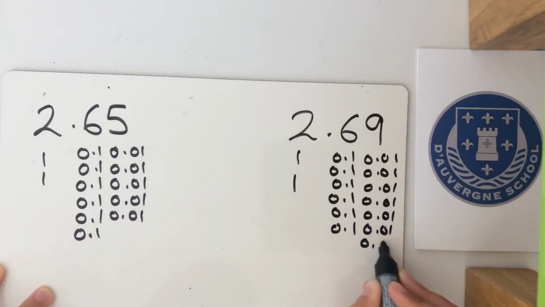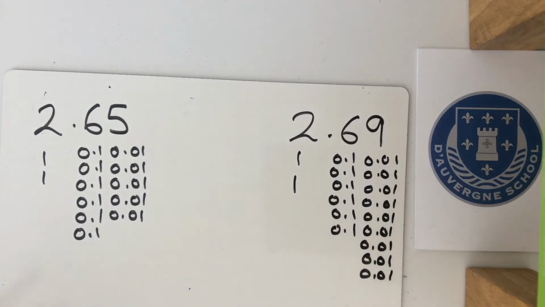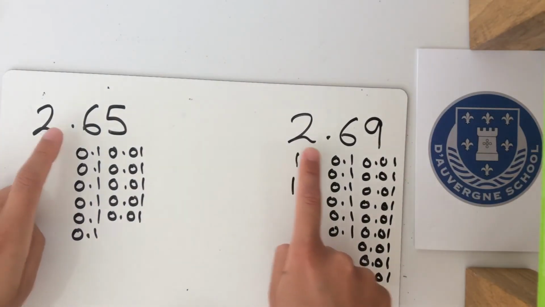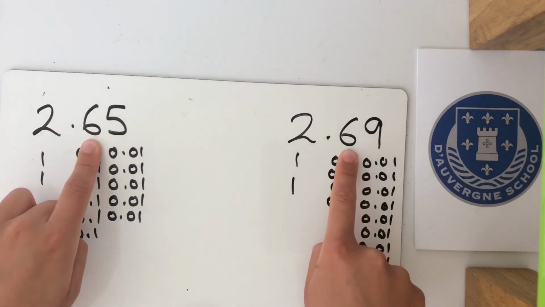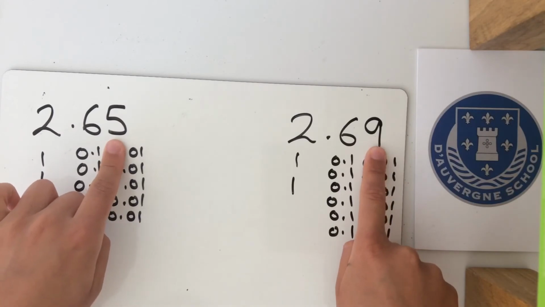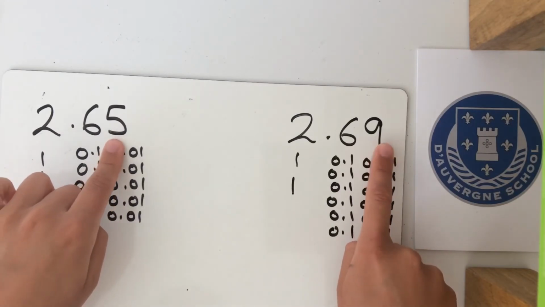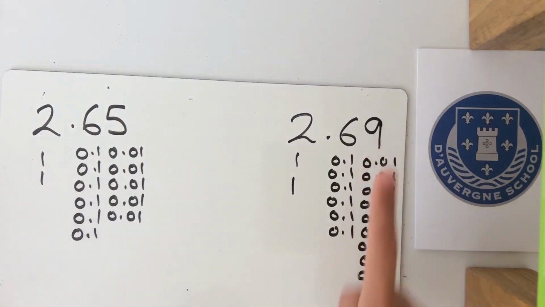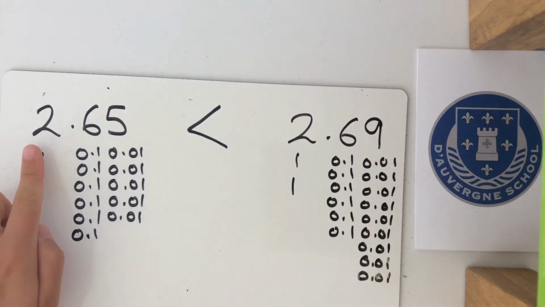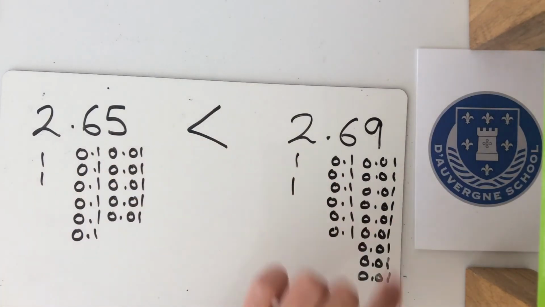So which one is greater this time? So we look at our ones column, they've both got a 2. So we go to our tenths column, they've both got a 6. So we go to our hundredths column, which one's got the greater amount of hundredths? We've got 5 hundredths and 9 hundredths. So the greater number is 2.69. 2.65 is less than 2.69. Okay, well done if you got that correct.